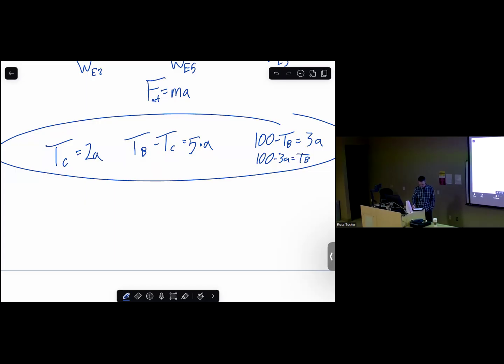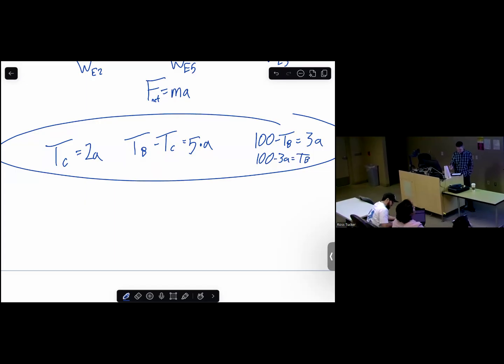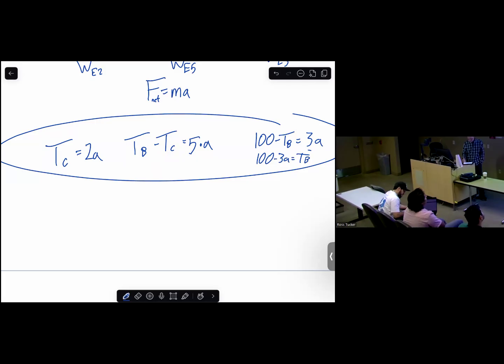Either way is fine. Okay, I know what TC is, and I know what TB is. So I'm going to take these and plug them in. TB, 100 minus 3A minus 2A equals 5A. I'm just combining the equations with the algebraic principle of substitution.